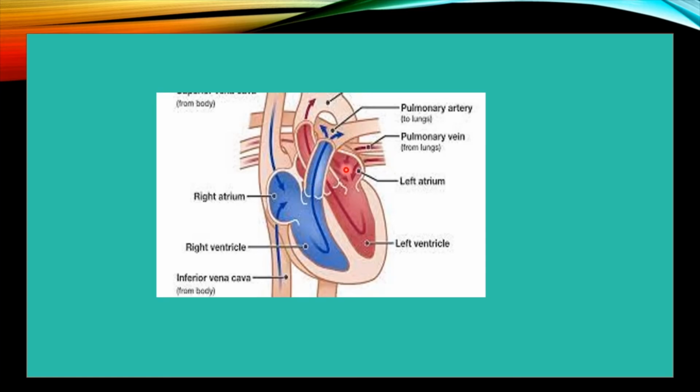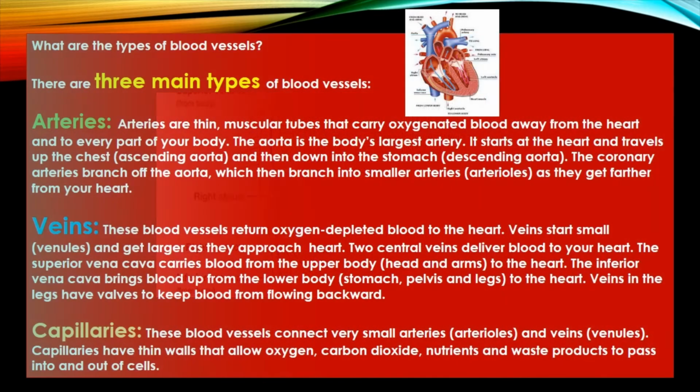Coming to the left side, the left atrium receives the blood from the pulmonary vein, and from the left atrium it comes to the left ventricle. Then due to the contraction of the left ventricle, it goes into the main aorta and to various parts of the body, that is the upper as well as lower part of our body.